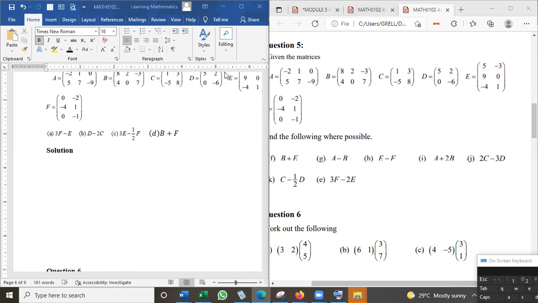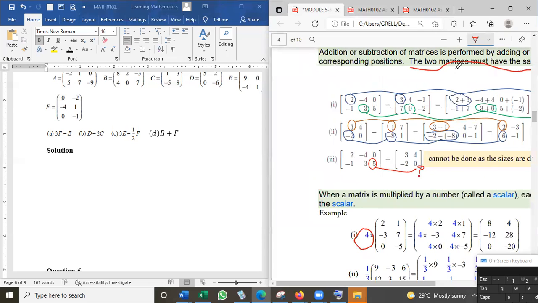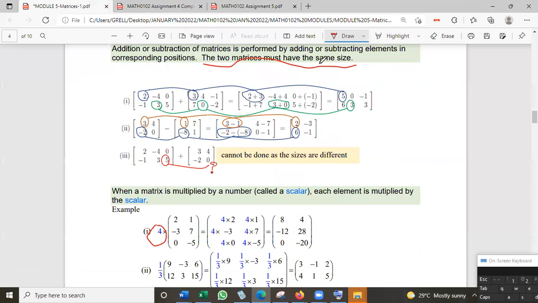Yes or no? I want somebody to tell me if B and E can add. B is a 2 by 3. No, exactly. Because B and E are not the same size. Remember, the matrices have to be the same size to add and subtract.